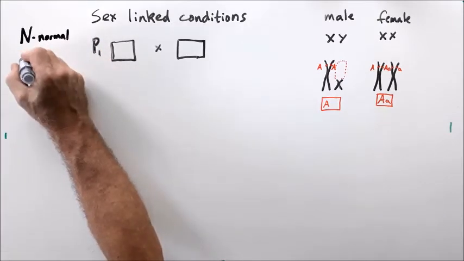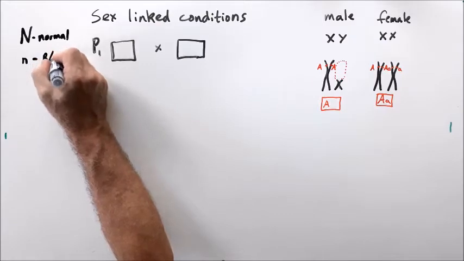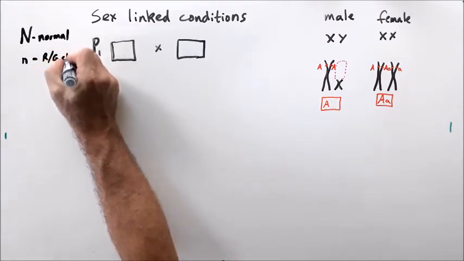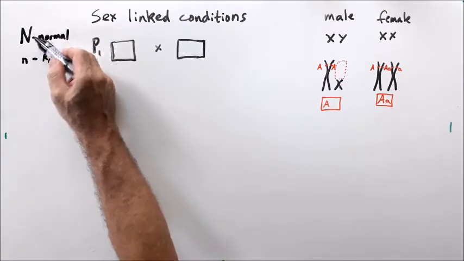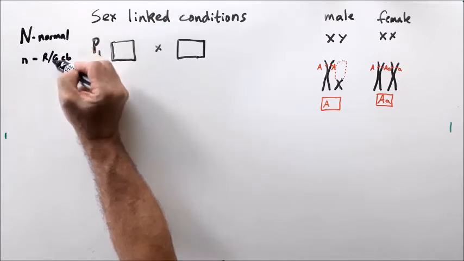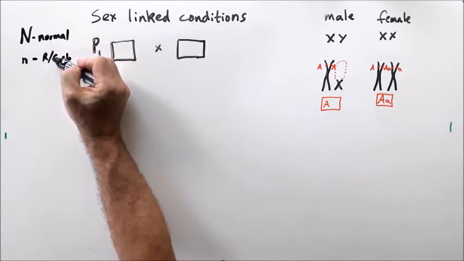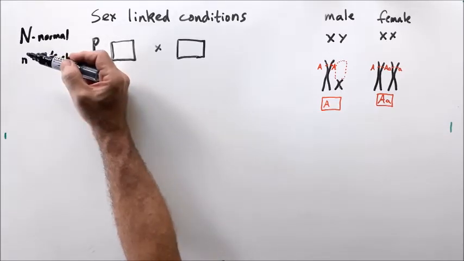And that means the lowercase n would be, and I'm just going to abbreviate this, red-green color blindness. So the normal condition gets capital N, and then the red-green color blindness, which is recessive, very important to understand that, it's recessive, and therefore we give it the lowercase of the N.